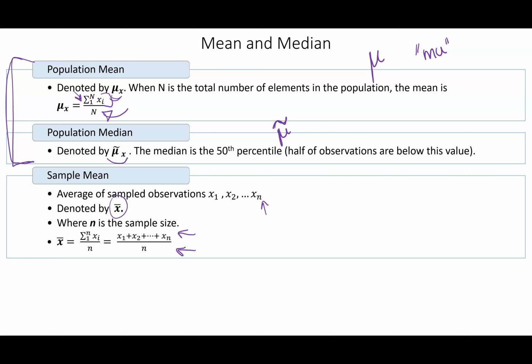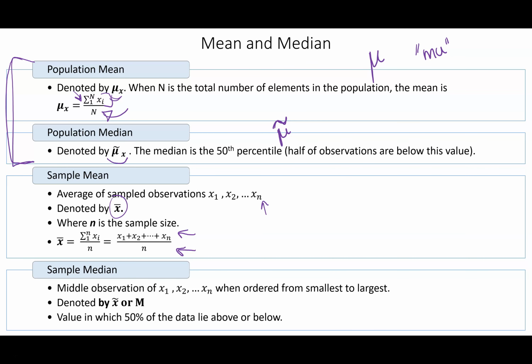Here, x bar, we aren't using a Greek letter. Similarly with the sample median, we are not going to use a Greek letter either. We're going to use x tilde or the letter M. Either one is used pretty commonly.